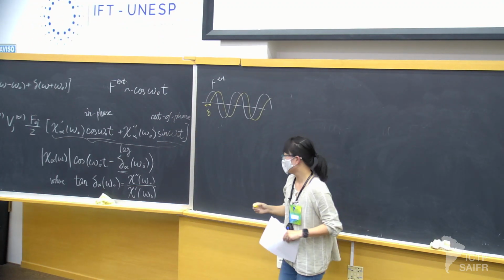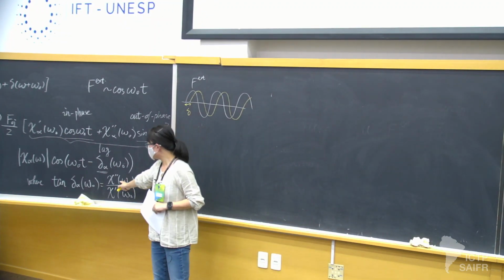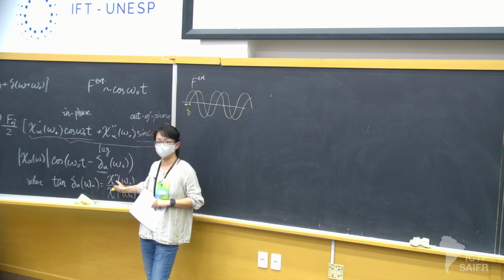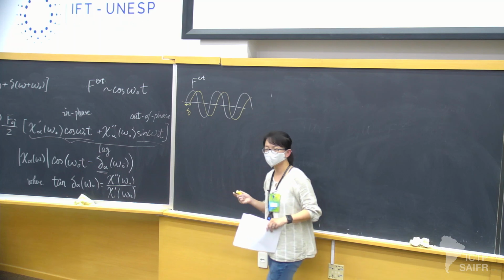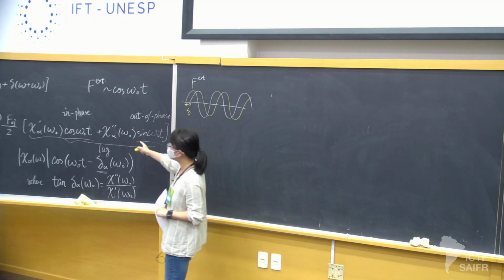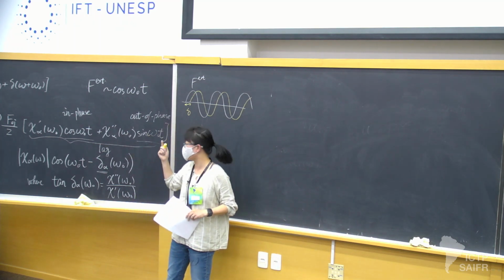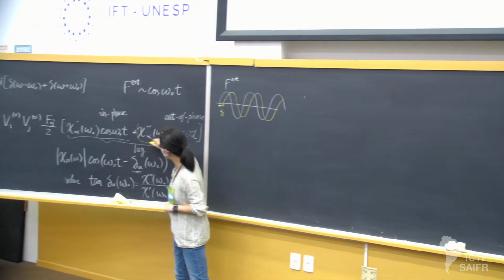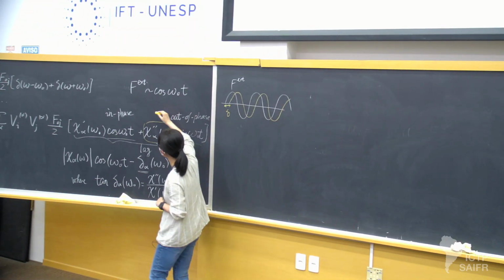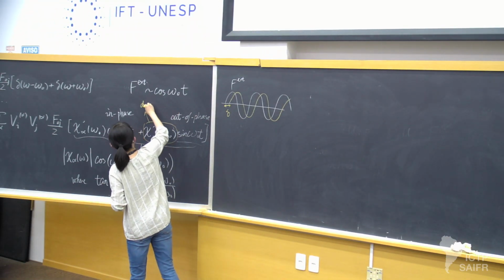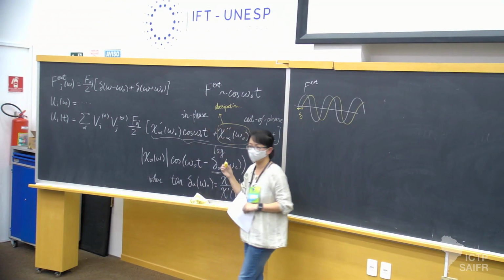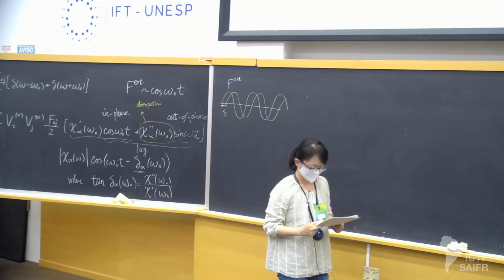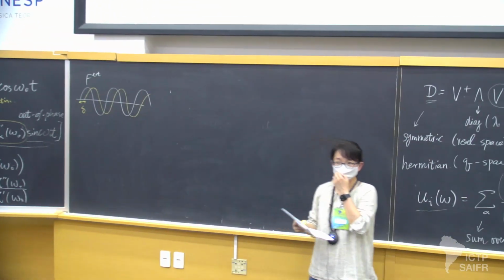The larger the imaginary part is, the more delay it is, okay? And in fact, if you calculate the dissipated energy, you will see that dissipation is only controlled by the imaginary part. Okay? Any questions?